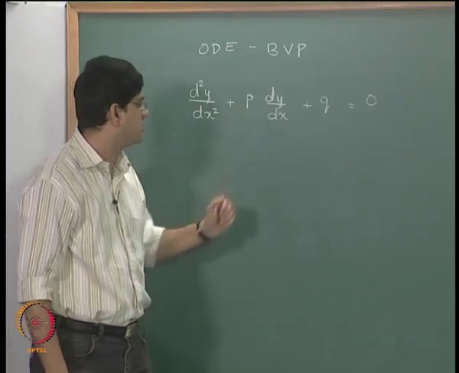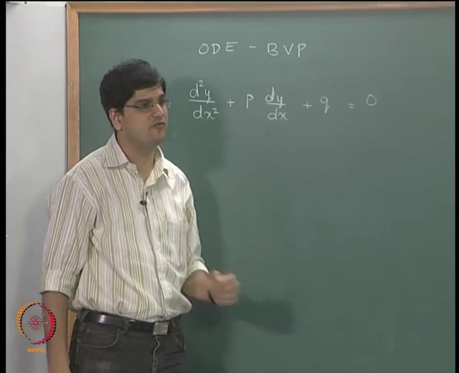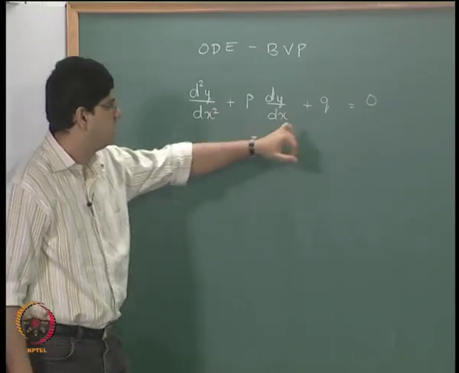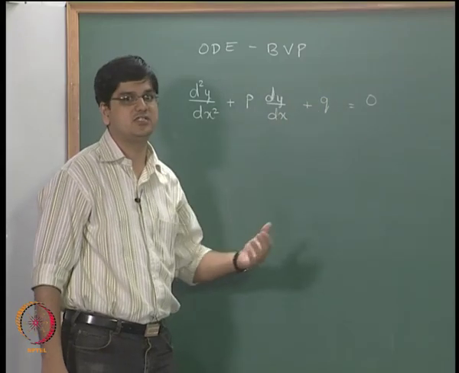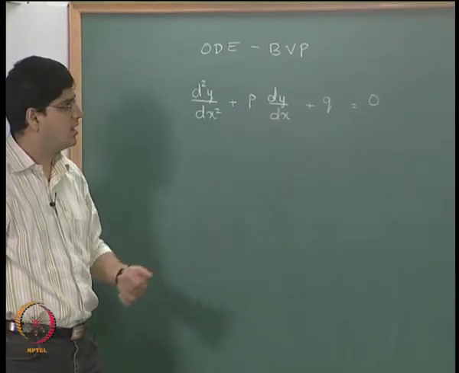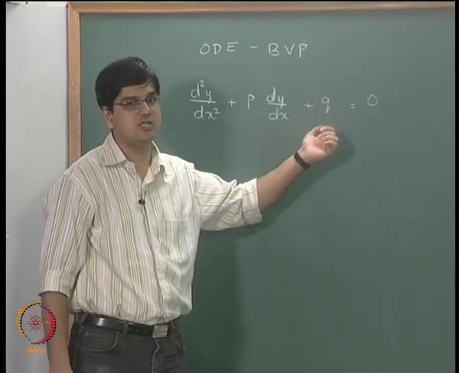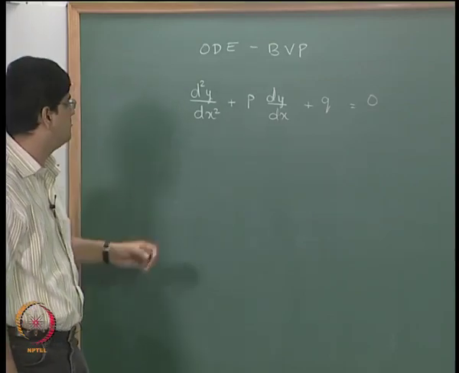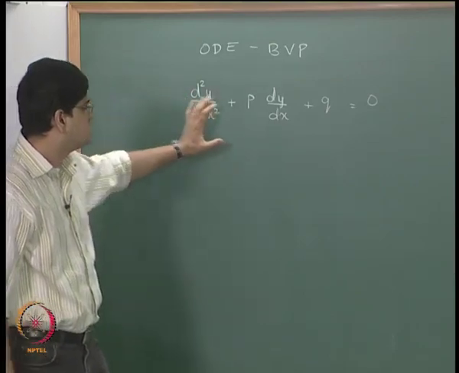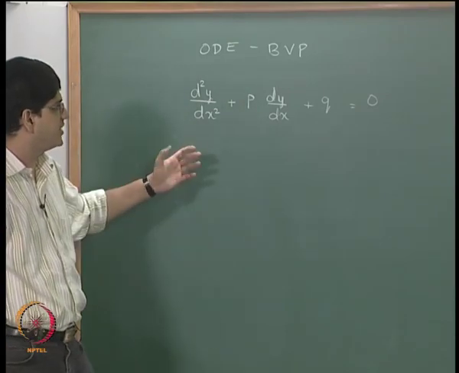Just for simplicity of notation I am not writing this as p of x comma y or q of x comma y. And if the term that does not depend on y is 0, it becomes a homogeneous ODE. So this is a general way of writing the ODE of our interest.